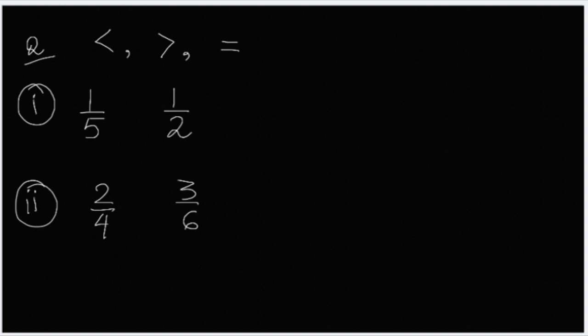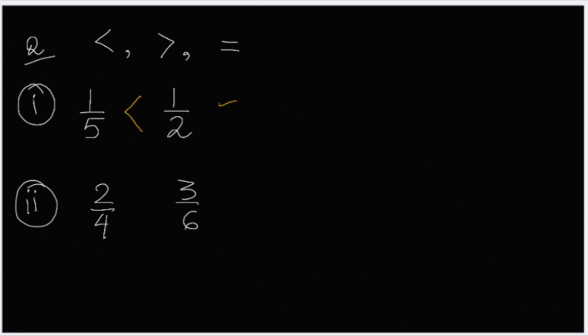Now see, in these two questions we don't have equal numerator. In this one we have an equal numerator, so when the numerators are equal, the one with the greater denominator will be the lesser fraction. So this is simple. But see the next one, you don't have either equal numerator or denominator, so that means you have to reduce them to the simplest form and then compare.